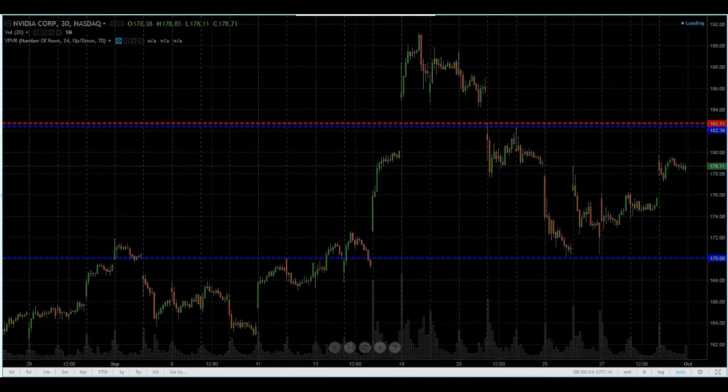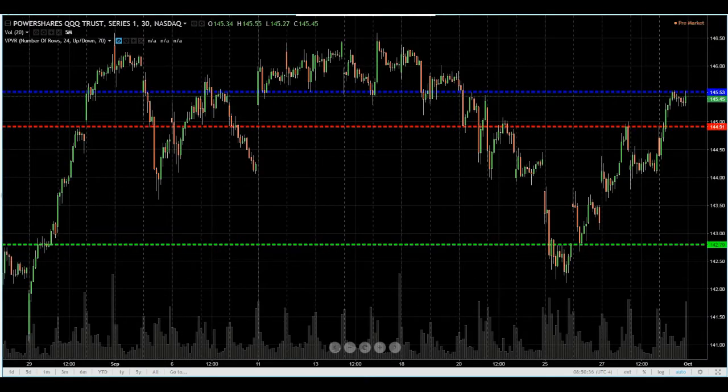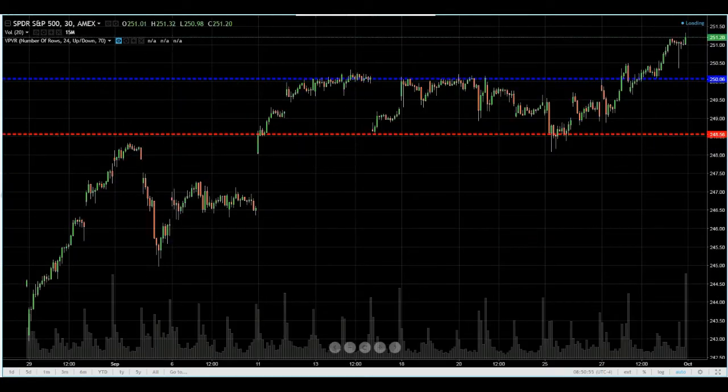So let's start right at the top here with the QQQ, and you'll notice that there's three lines on my charts. The first line that you're going to notice is the... I didn't do the QQQ, so forgive me. We're going to have to get past that. We'll go to the Spider.